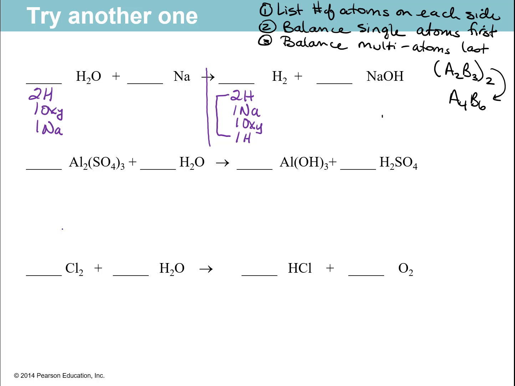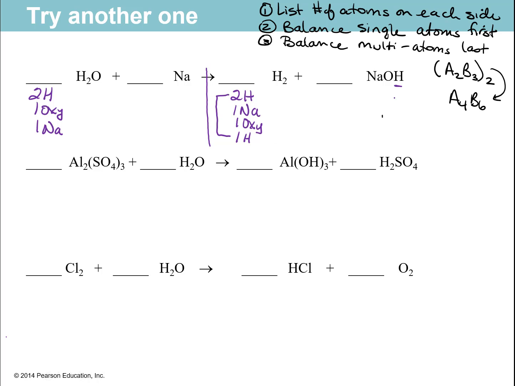The H2 or the NaOH? Change the NaOH, because the NaOH is 1 hydrogen. I can never balance an odd and an even, but if I can make that one an even, I can balance. So this is the one I've got to change.